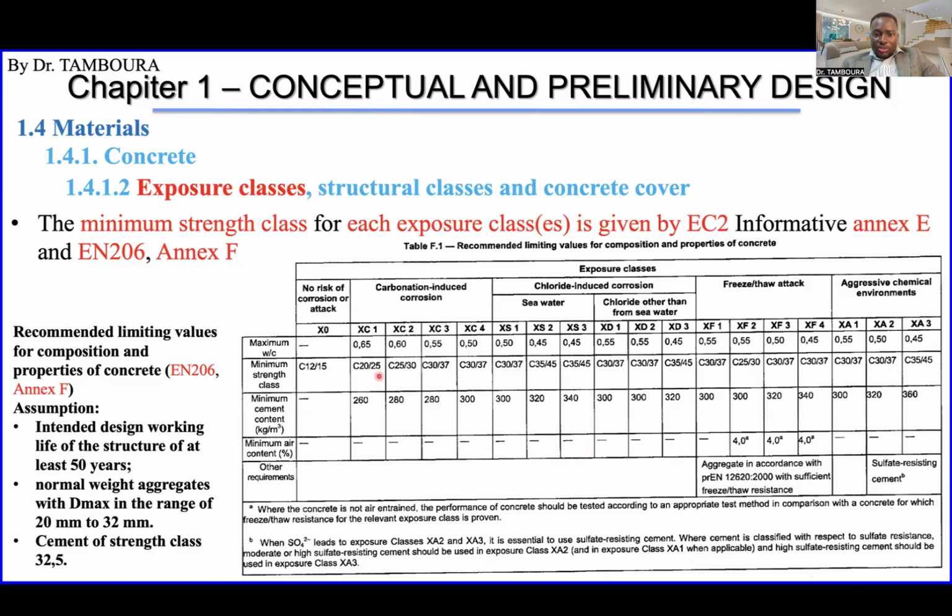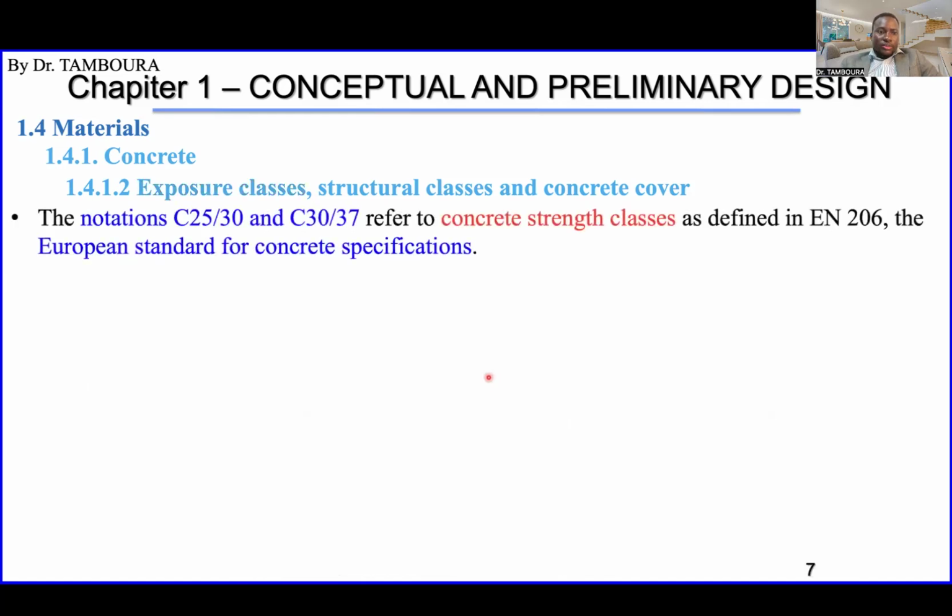I will just try to explain the meaning of this. Okay, the minimum strength class for the concrete: C20/25, C25/30. What is the meaning of this? Okay, I will take example, this notation, for example, C25/30, C30/37.